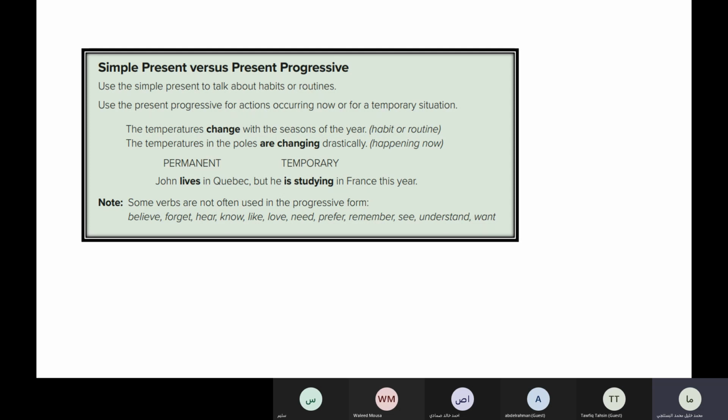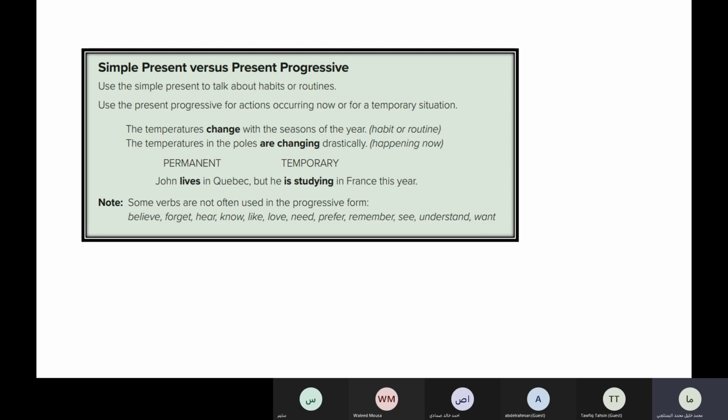What about the next example? The third one. The temperatures in the pools are changing drastically.